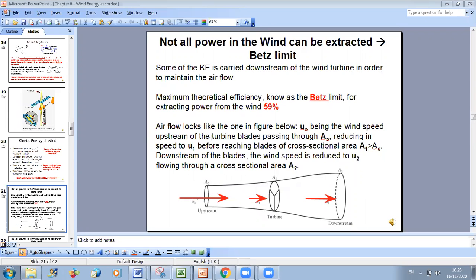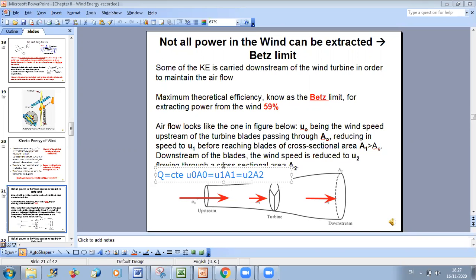Because you know that from conservation of mass, Q is constant, of course if you consider incompressible fluids. We can assume here that air can be treated as incompressible if the Mach number is not very high. So we can say that U0 A0 is equal to U1 A1 is equal to U2 A2.